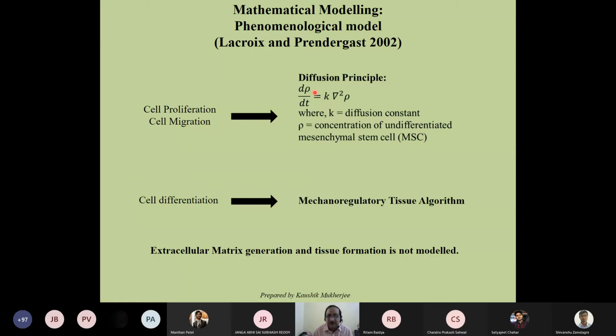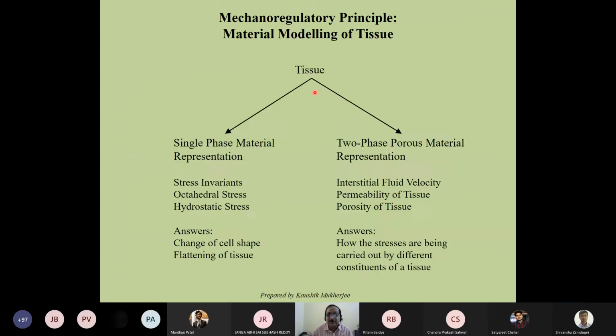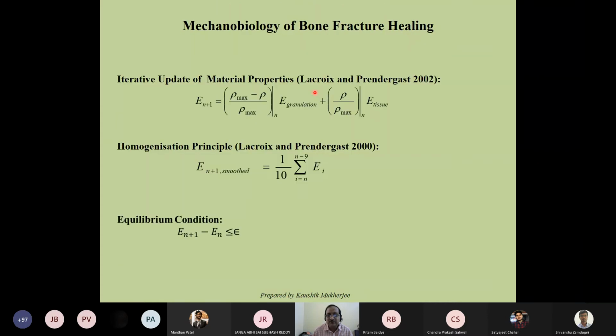So from concentration, you can directly go to the modulus. So you update the modulus of the tissue. From granulation tissue, there is an iterative procedure by which the modulus of the newly formed tissue layer is updated.